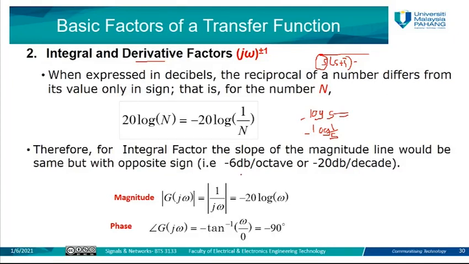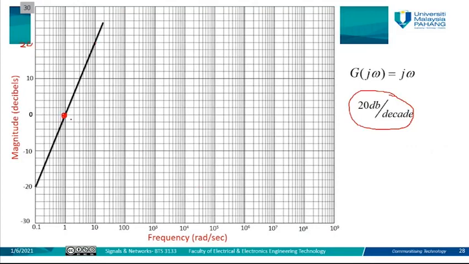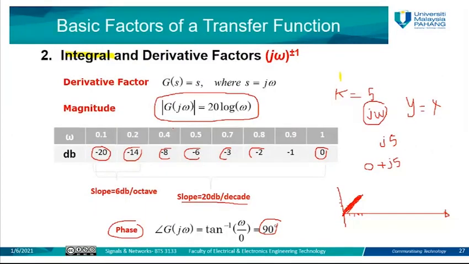In this case, since your pole is at the origin, it will be the same as the zero case, but with a negative sign. Instead of 20 log omega, it will be negative 20 log omega, because it becomes 1 over omega here.